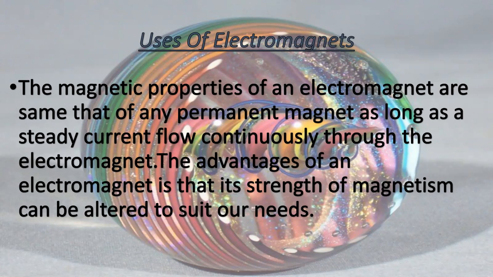Number one, the magnetic properties of an electromagnet are the same as those of any permanent magnet as long as a steady current flows continuously through the electromagnet. The advantage of an electromagnet is that its strength of magnetism can be altered to suit our need.